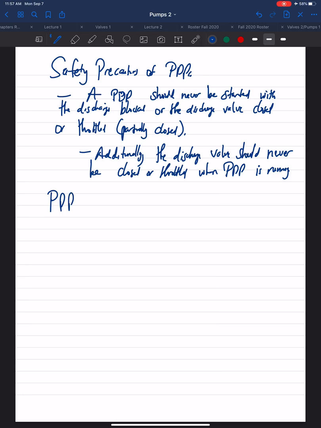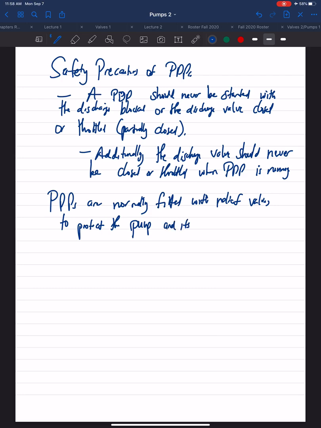Positive displacement pumps are normally fitted with relief valves to protect the pump and its discharge piping from overpressurization.